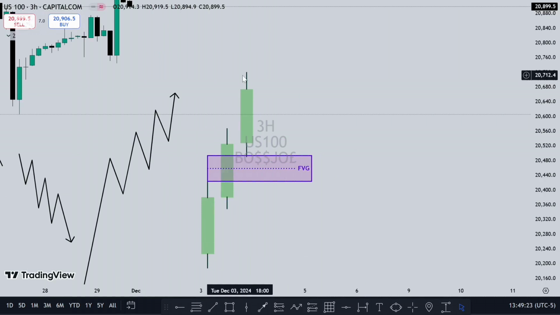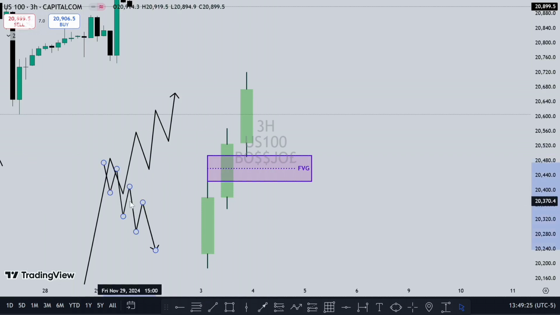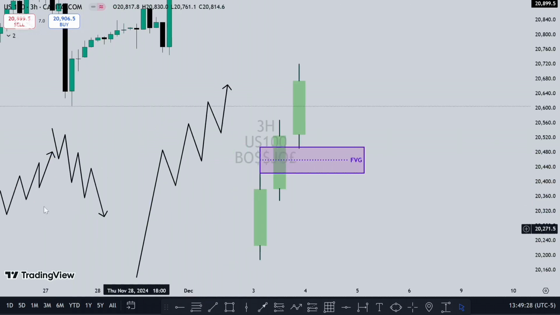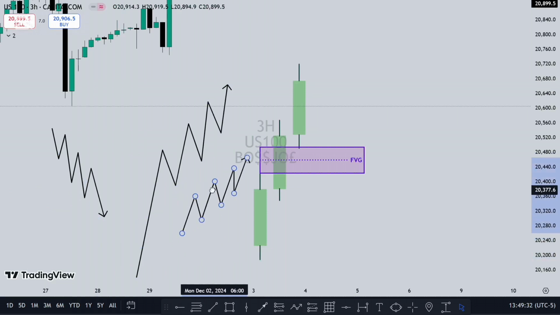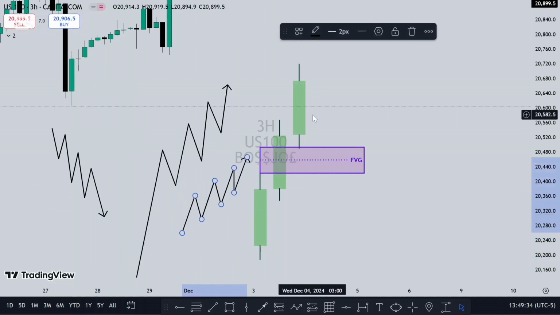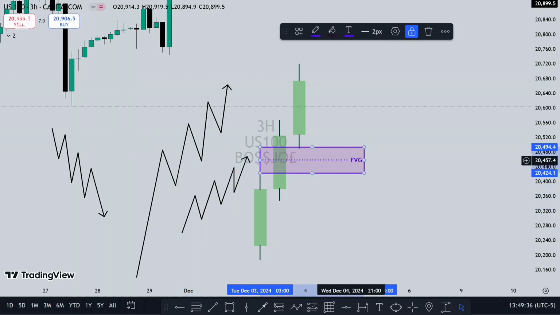bullish setup, when a candlestick is making a higher high like this, right? So this is an example of a bullish fair value gap, which I would like to type here.